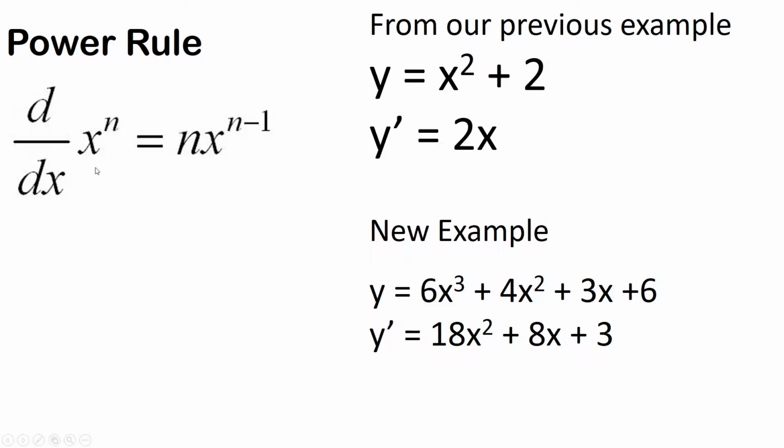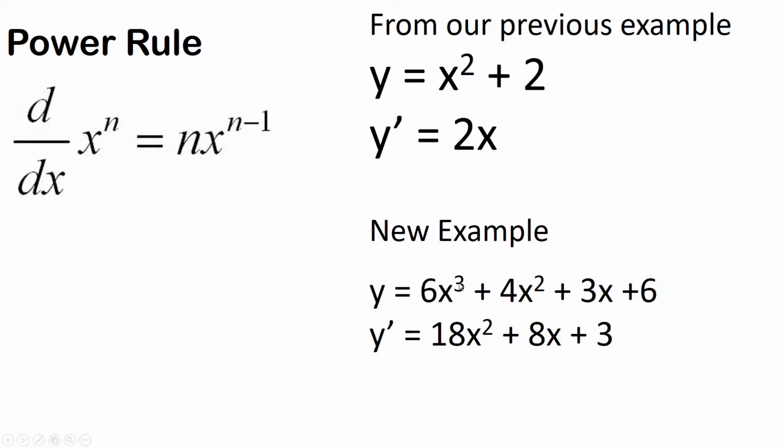Now let's do a different example. This part, x to the n power, the derivative of that is n times x to the n minus 1, that covers for any variable n or any number n in the power. So say we have the function y is equal to 6x cubed plus 4x squared plus 3x plus 6. We get 18x squared plus 8x plus 3.